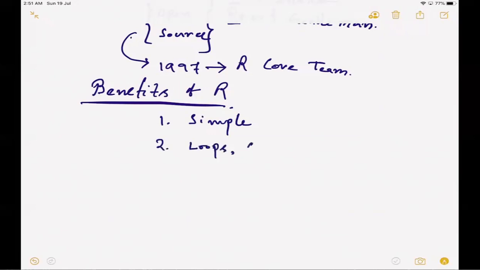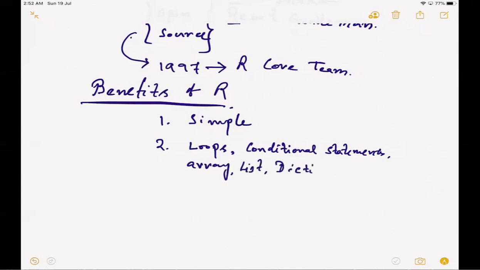Can I do conditional statements? Can we also have the primitive data types such as array? Can I also have list? Can I also have dictionary? Can I also have vectors? Yes, so those all are possible here, right?